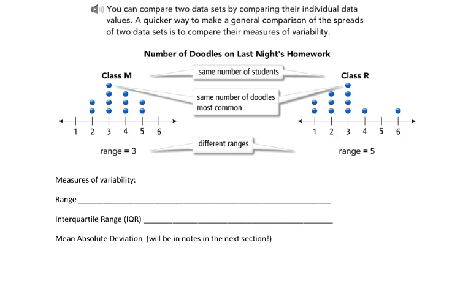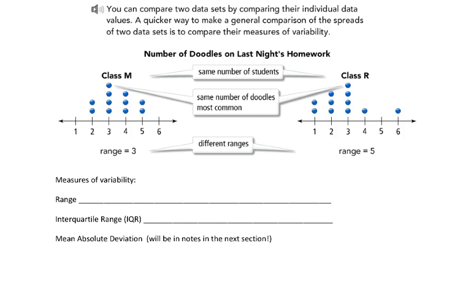So let's review measures of variability that we have already studied in this topic. They are the range and the interquartile range. The mean absolute deviation will be in the notes in the next section. That's another measure of variability that is a lot more extensive to find compared to the range and the interquartile range. So we're just going to review how to find the range.